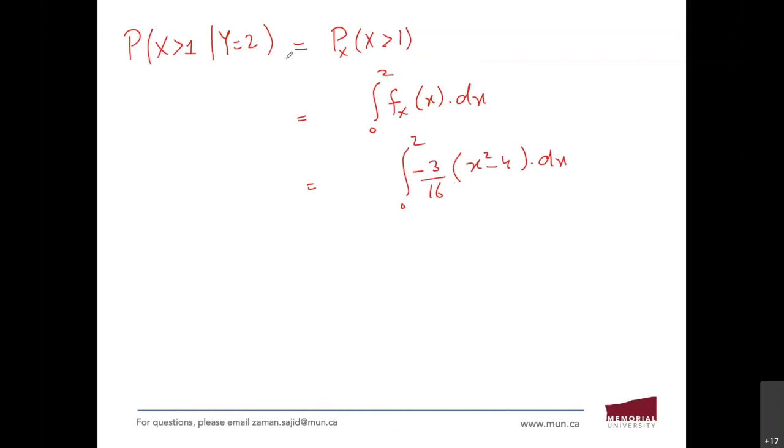It is good I made it. If you look at the x limit, it was from 0 to 2. He's asking me for x greater than 1, so this lower limit should not be 0. It should be 1. So let me correct. Oops, sorry.